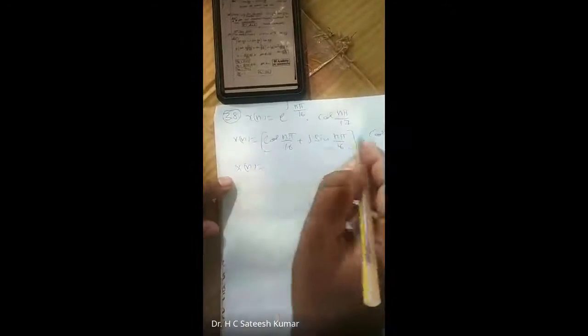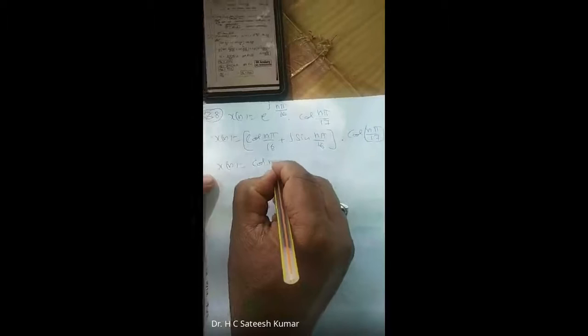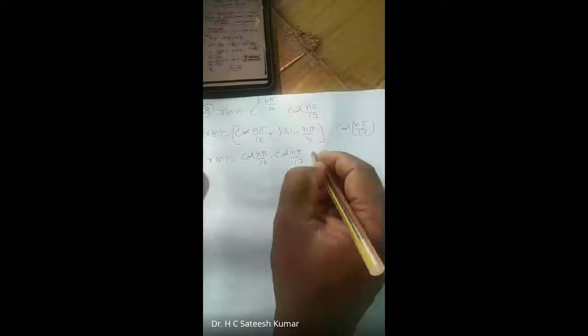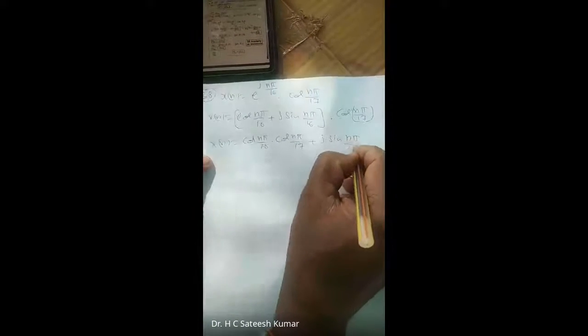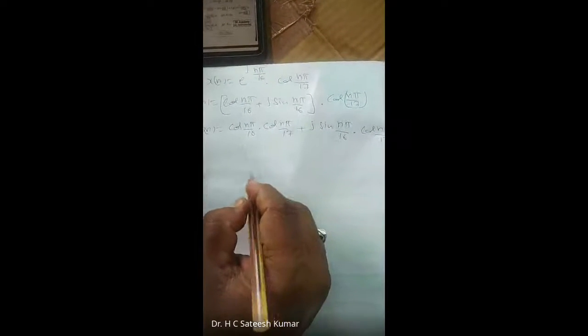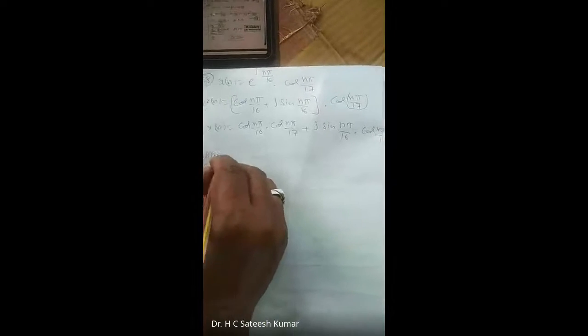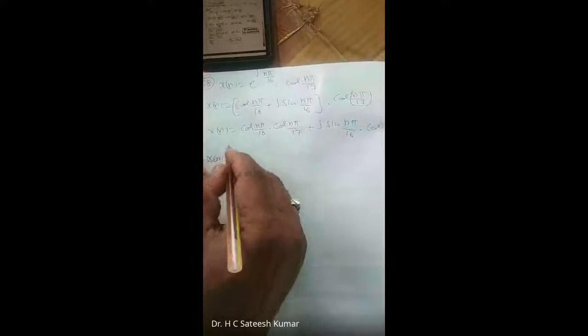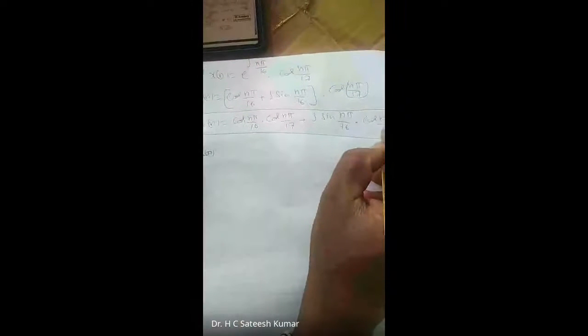X of n is equal to cos n pi by 16 into cos n pi by 17 plus j sin of n pi by 16 into cos of n pi by 17. Instead of doing all these things, we can do it like cos A cos B, sin A cos B.